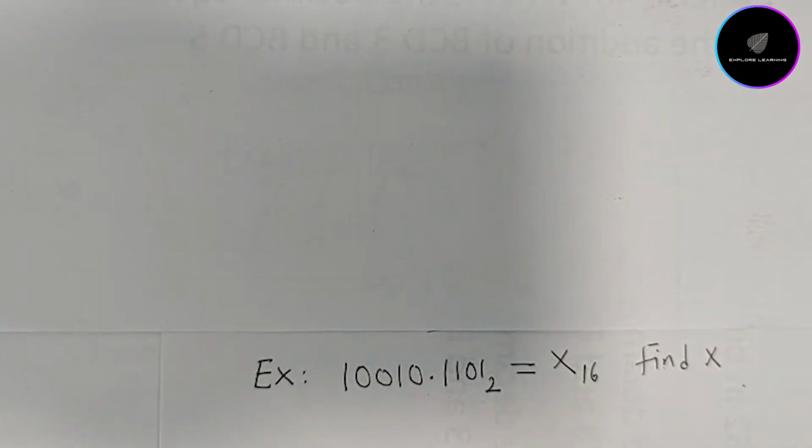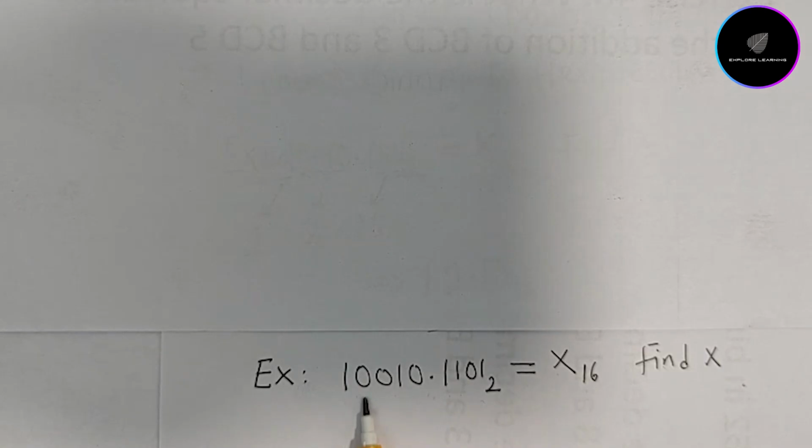Since the relationship between hexadecimal and binary number systems is represented in 4-bit binary coding, we need to group this binary digit into groups of 4.